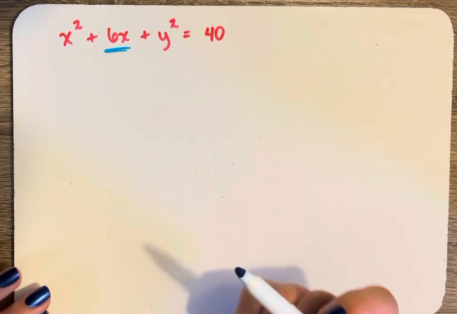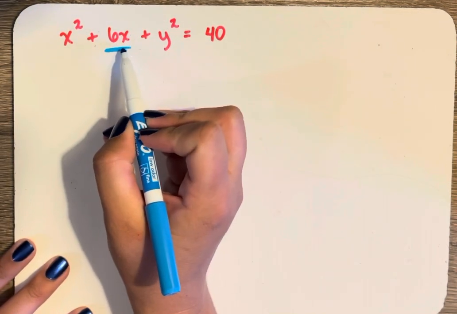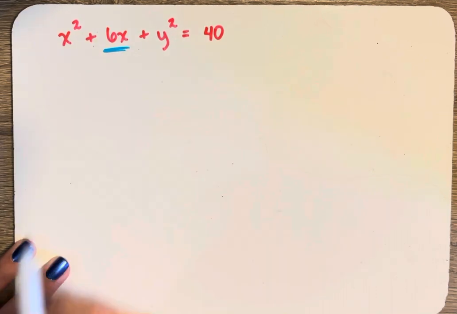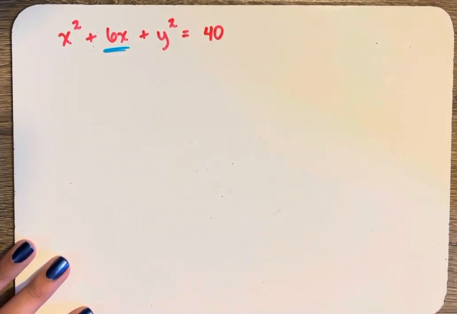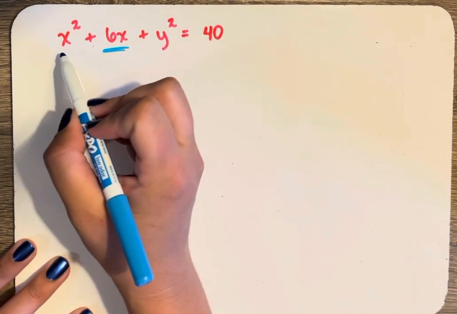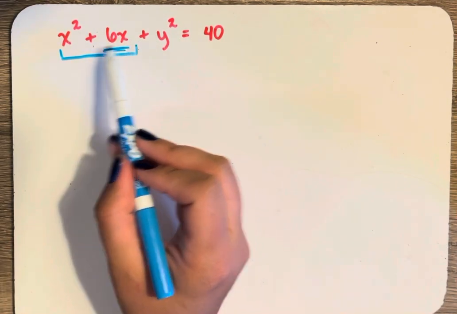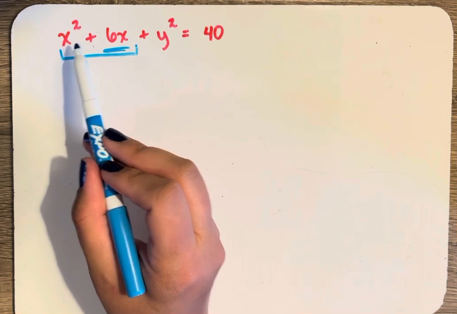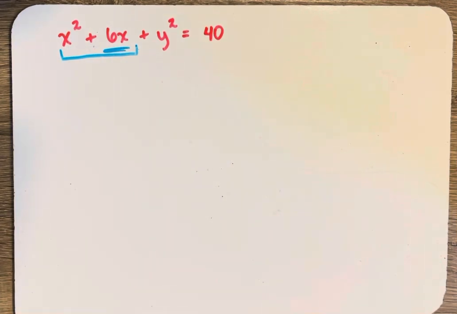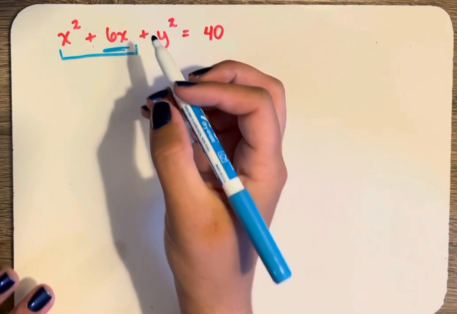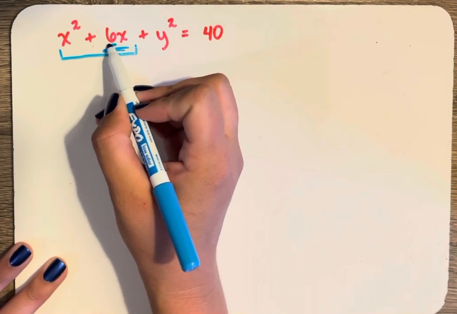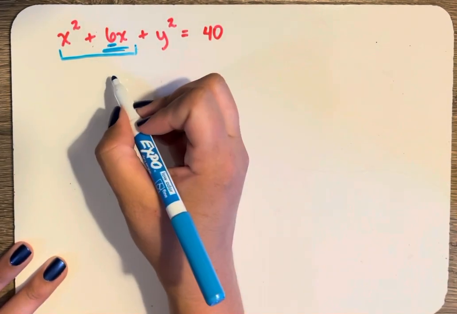The magic number comes into play when I have either an x to the first term or a y to the first term. So I'm going to figure out some number to add right here after the x squared term and the x to the first term. That number comes from half of the coefficient of x to the first.